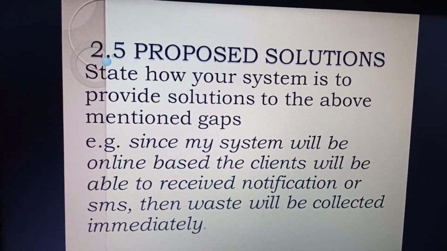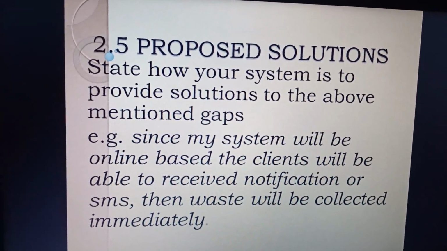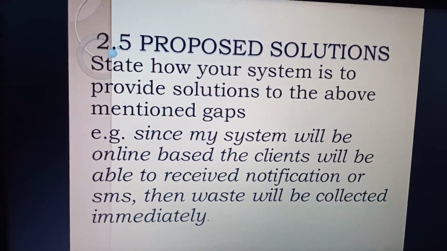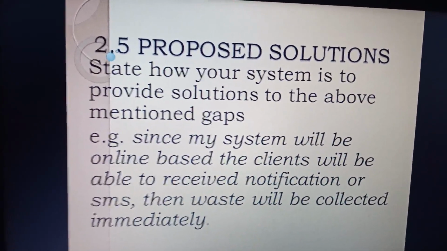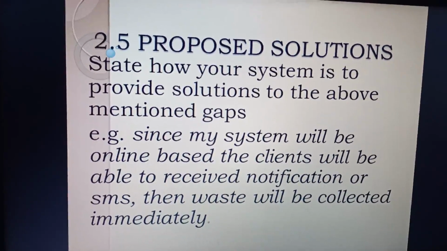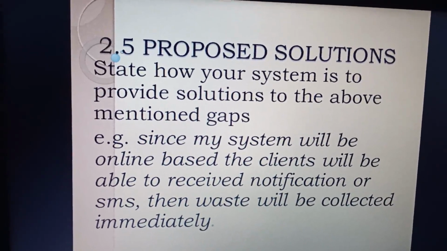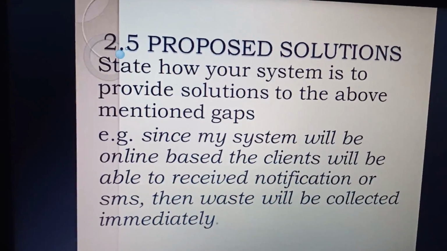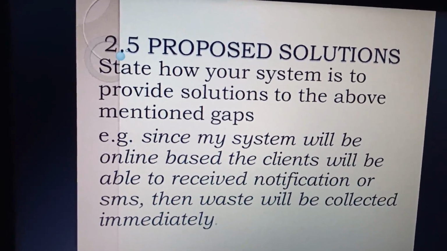So this will let them know when the waste collection will be done, maybe by 4 or by 2. So they are able to know there is communication. At least your system will address the problem of the clients waiting for long without any communication. So they'll receive a message. So you have solved that gap. You have solved that problem.